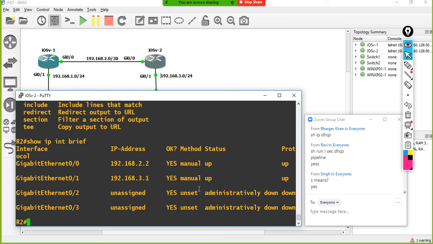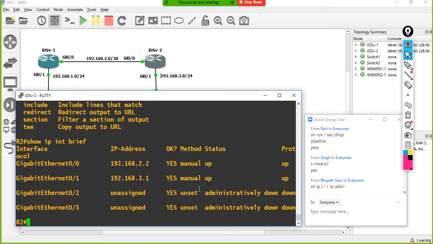Can anybody help me out? Guys, do you understand what I'm trying to ask here? Whenever I type show IP interface brief, I can see all the interfaces and their IP addresses, right? But some interfaces we didn't configure with an IP address. I don't want to see those interfaces.